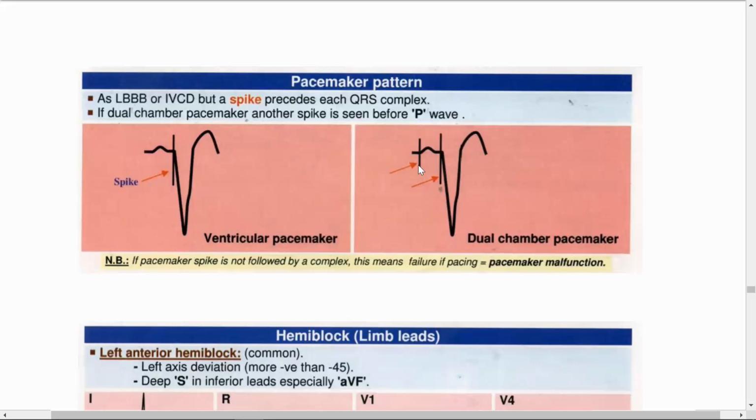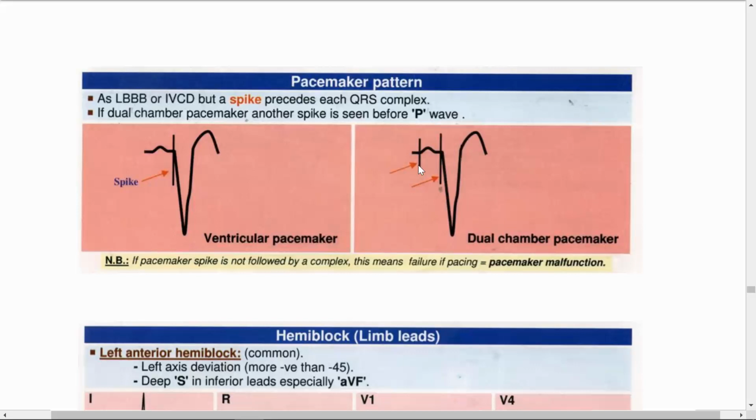AAI, atrial pacing, atrial sensing, inhibitory action. There is a fourth letter, R. R is rate adapting or rate dependent. This is mainly for the active, young patient, because once he makes more exertion or exercise, the rate will increase, it will not be a fixed rate.